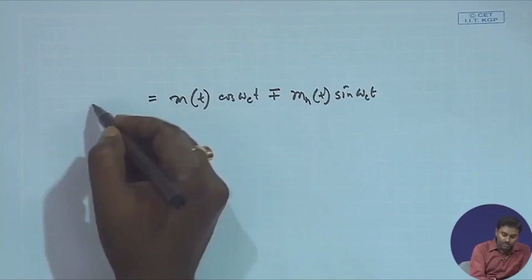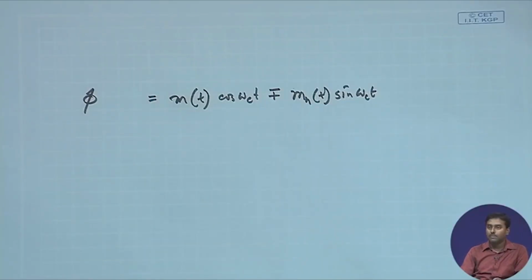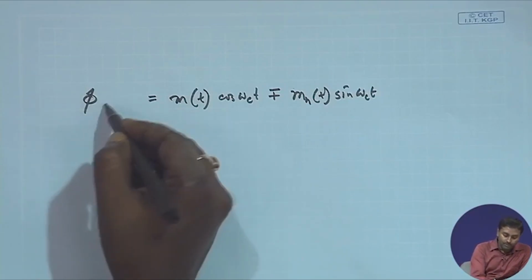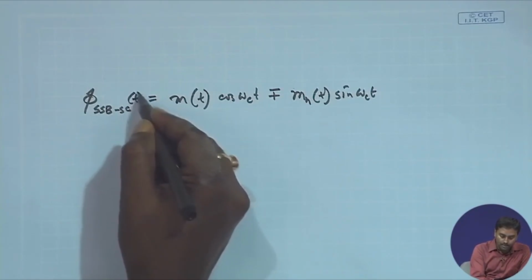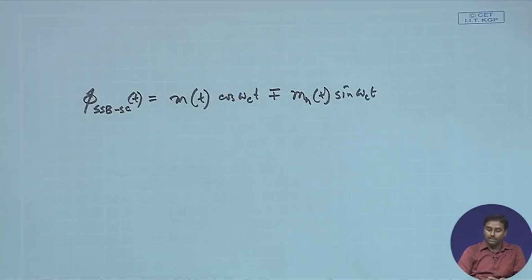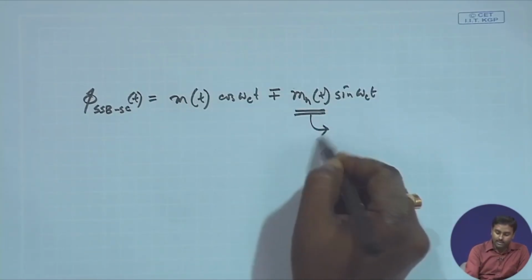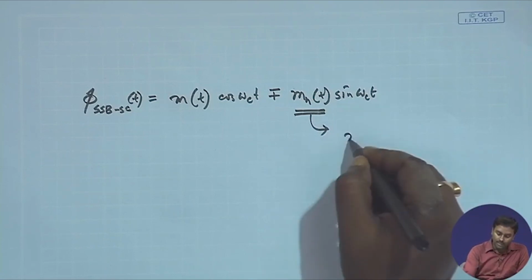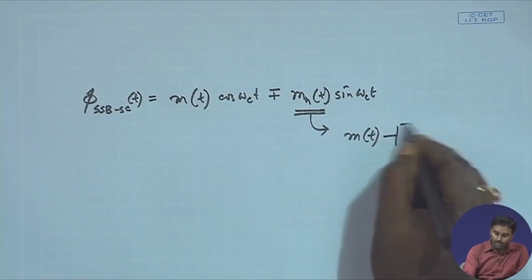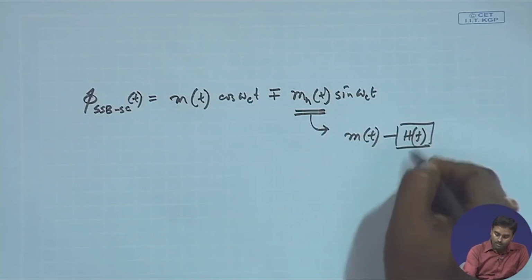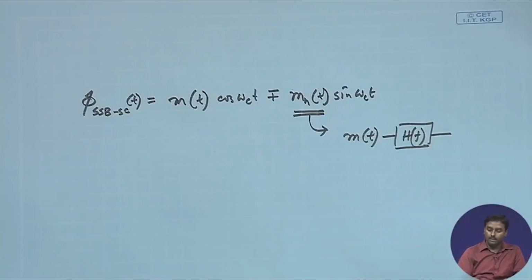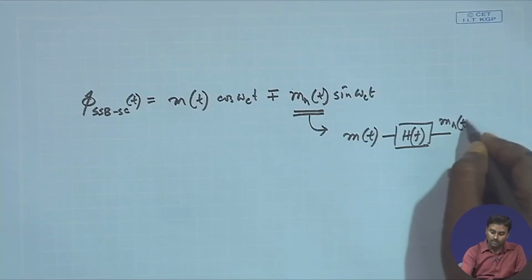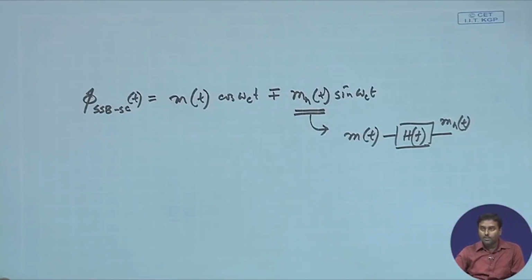That's what we have proven from the spectrum: the SSB-SC signal can be represented as this, where m_h(t) is nothing but the Hilbert transform. That means m(t) passed through a transformer, the Hilbert transform, and we get m_h(t) correspondingly.